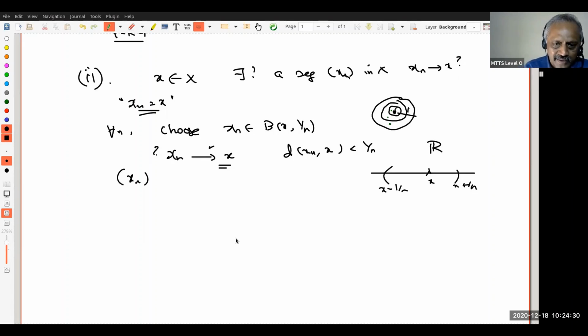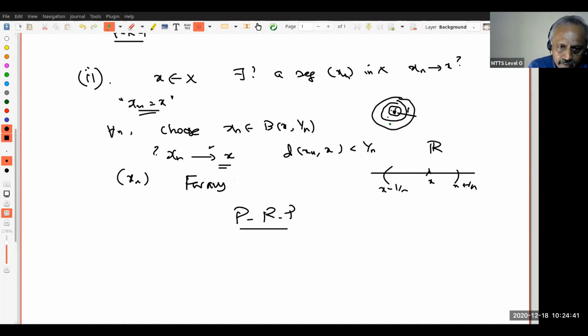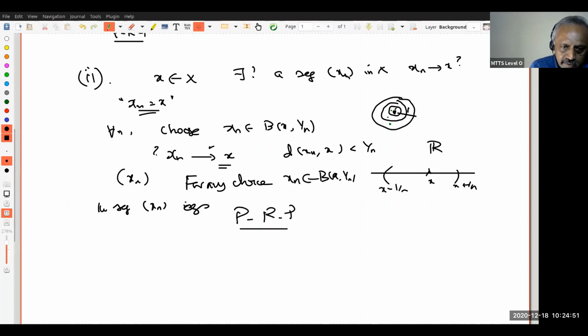Keep this in mind. Pause, review, proceed. The significance is that for any choice of xn in B(x, 1/n), the sequence xn converges to x. This is the significant point.